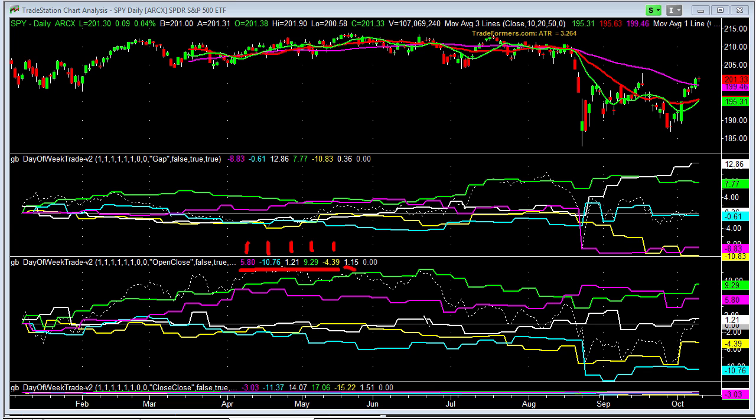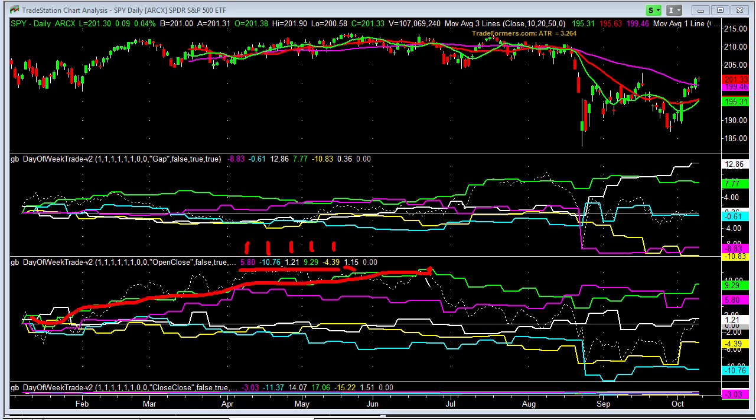What I want to point out is the extremes or the trends that exist. So the green here is Thursday from the open to the close. So you can see that it had a bullish trend through about July.